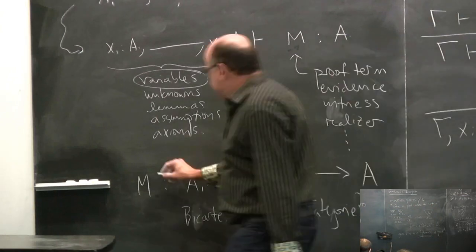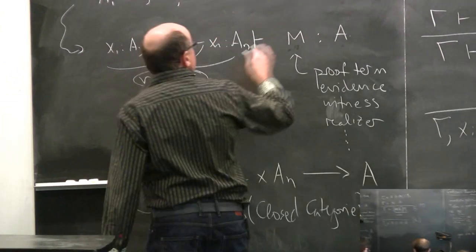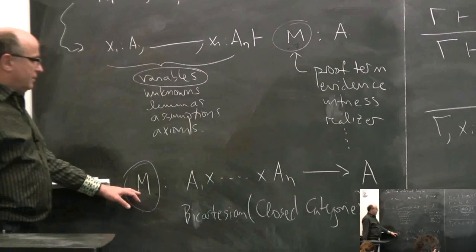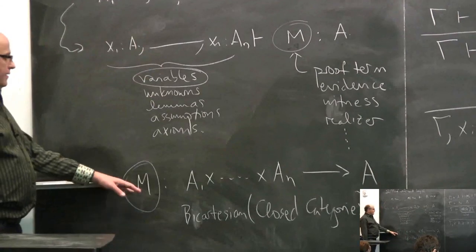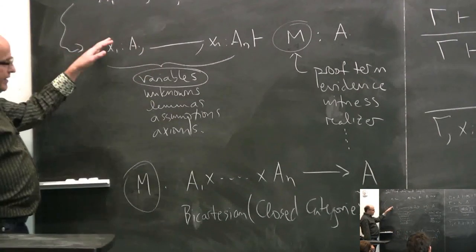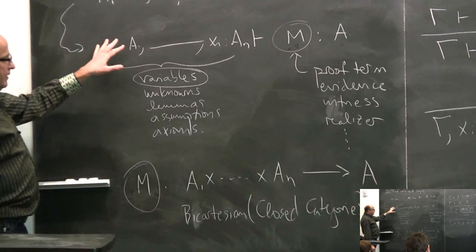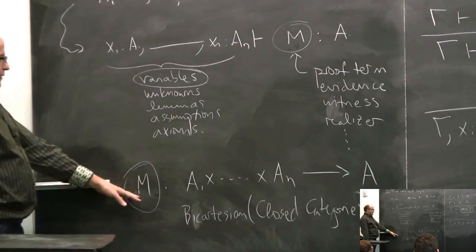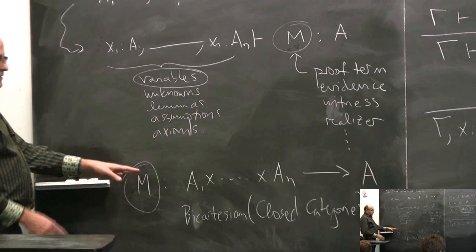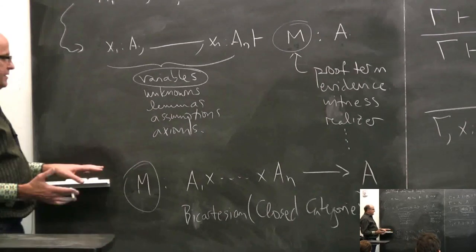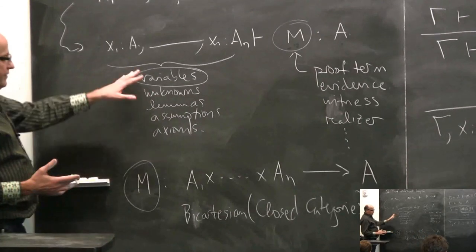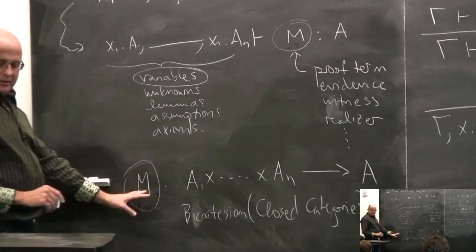So the idea is that proof terms are mappings in a category. Those are the same thing. This is a logic-looking way of writing it, or a type-theoretic way of writing it. This is a category-theoretic way of writing it. Okay? It's almost a notational difference. The main difference is in the treatment of variables, which is a little clumsy over here.